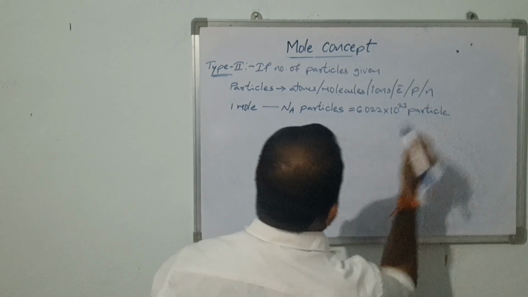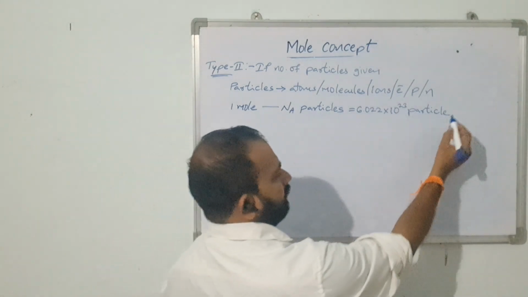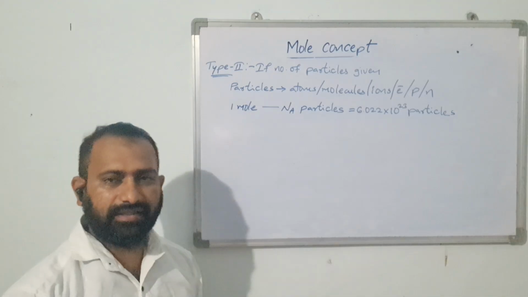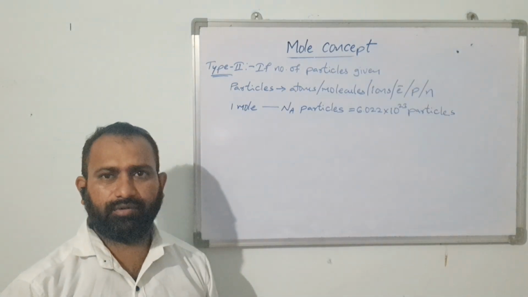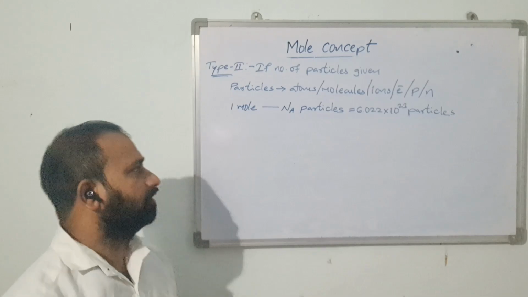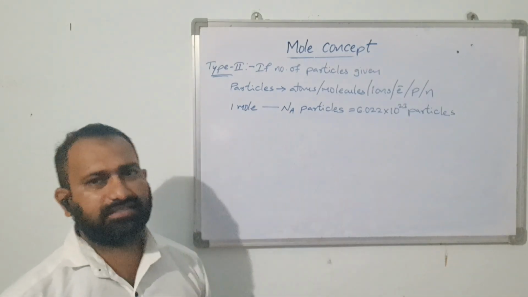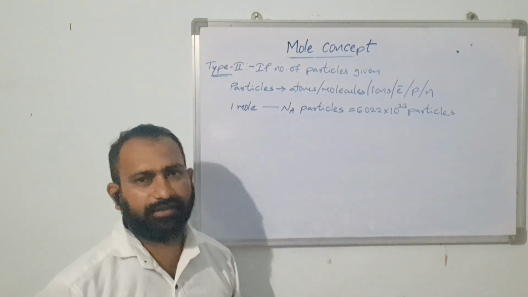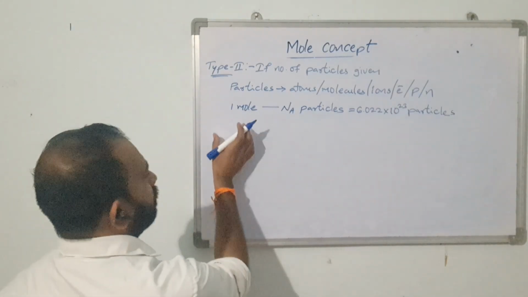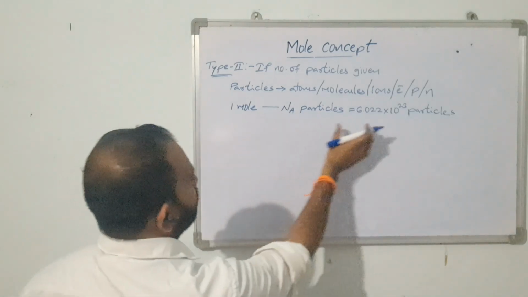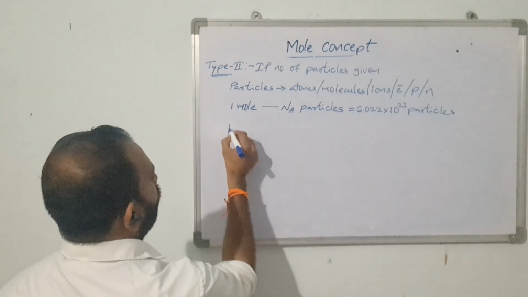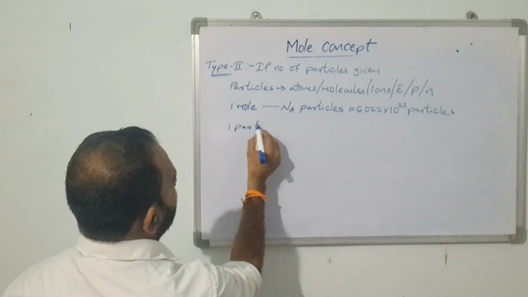Understood, children? 1 mole of any substance, either solid or liquid or gas, either covalent compound or ionic compound, whatever it may be, contains Avogadro number of particles, that equals 6.022 into 10 power 23. Now one particle equals how many moles?